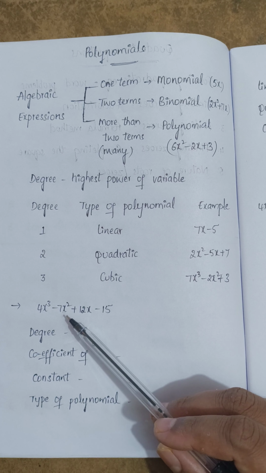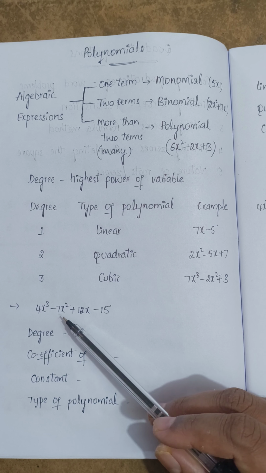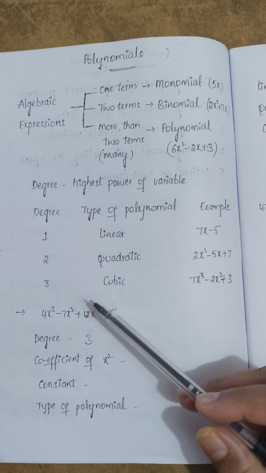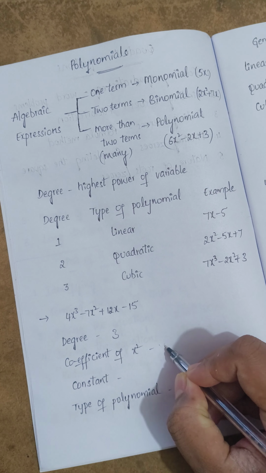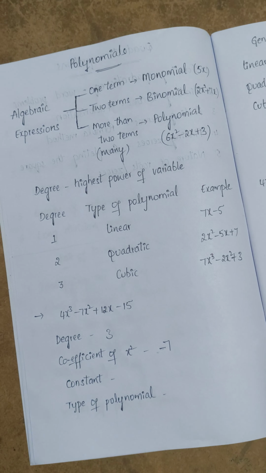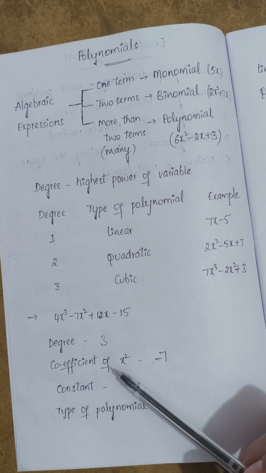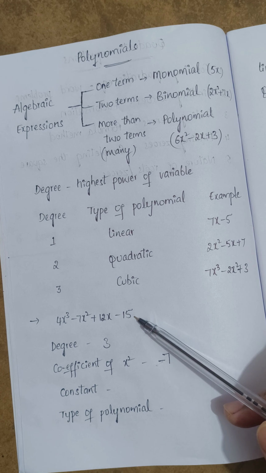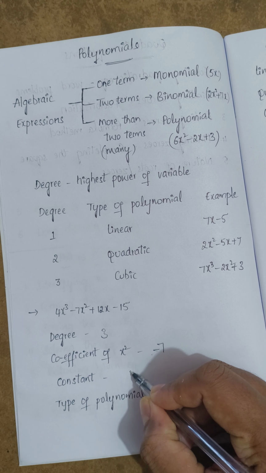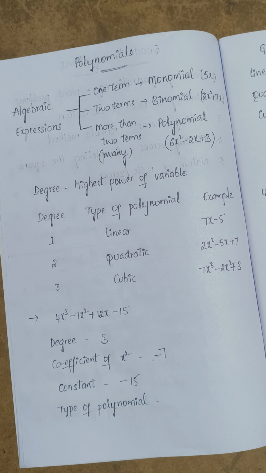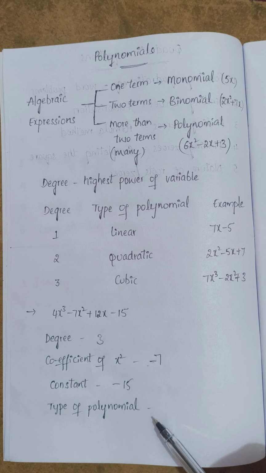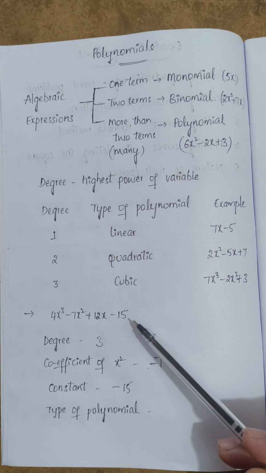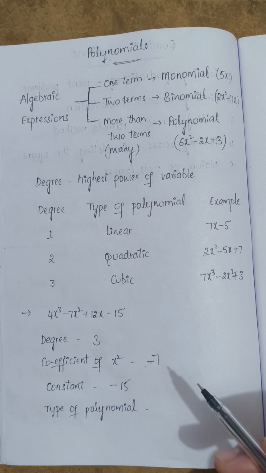Coefficient is a number which is multiplied to this. So minus 7 is the coefficient of x square. So I'm writing minus 7 here with the symbol. Now constant. Constant is the term which has no variable attached. So it's a plain number, 15, but you have to write it with the symbol. So minus 15. And then the type of polynomial. Because the degree is 3, the type of polynomial is cubic.